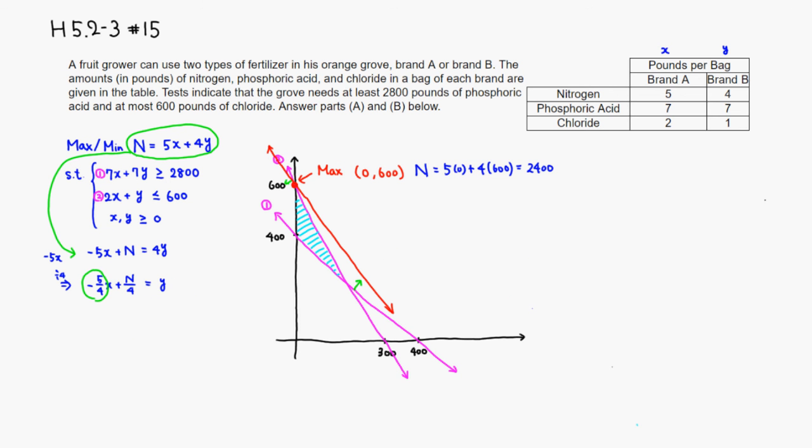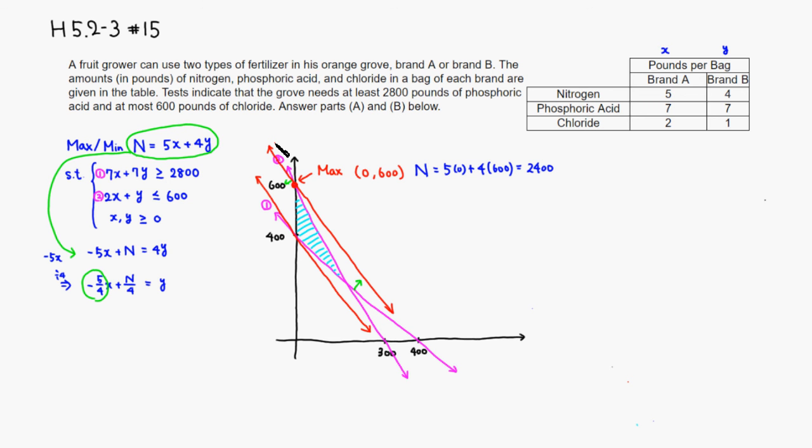Then what we want to do next is minimize. So we want to keep the slope of this objective function line, but push it down as far as we can, and see which point gives the minimum. If you push it down, it's going to hit something like this, and the line is going to look kind of like this, making sure that these are parallel.